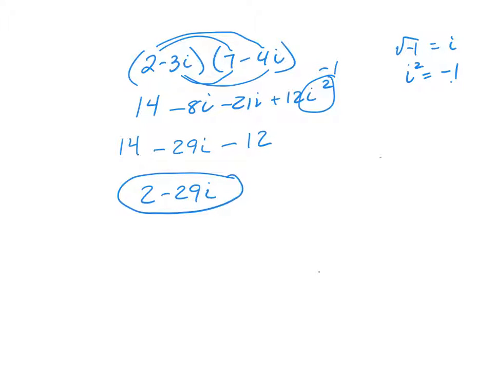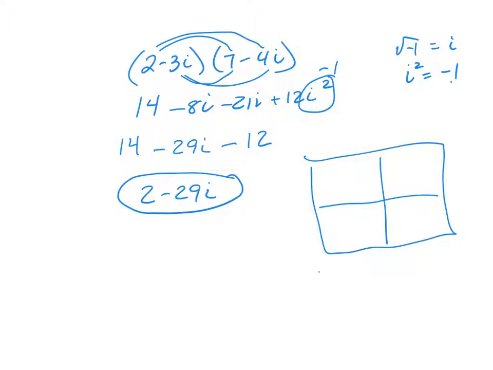If we did it with the box method, you make a little 2 by 2 box, and you put a 2 and a -3i, don't forget your signs, and a 7 and a -4i, and then you do 2 times 7 is 14, put that in this box. 7 times -3i is -21i, put that in that box. 2 times -4i is -8i, and -3i times -4i is positive 12i squared, and then you have to remember to make that a -1.